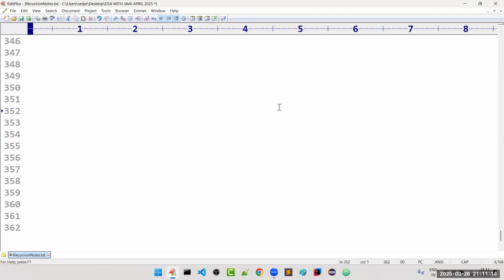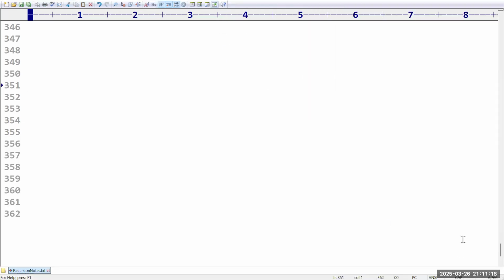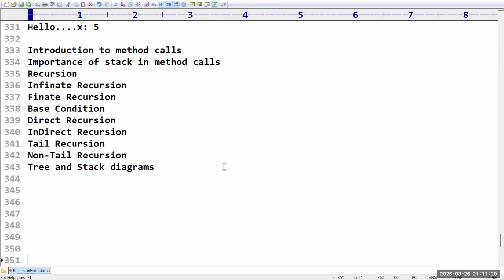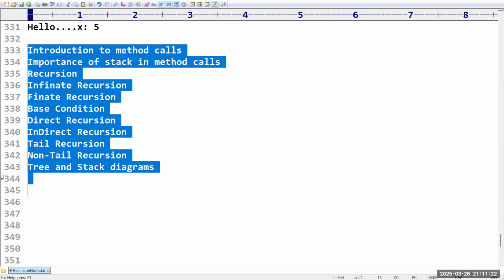Before starting today's session, let me review whatever we discussed in the last class. These are the topics I covered. If you take any Java program with multiple methods, how are the method calls going to happen, how is it going to redirect?